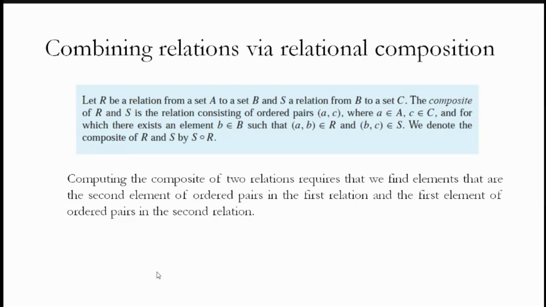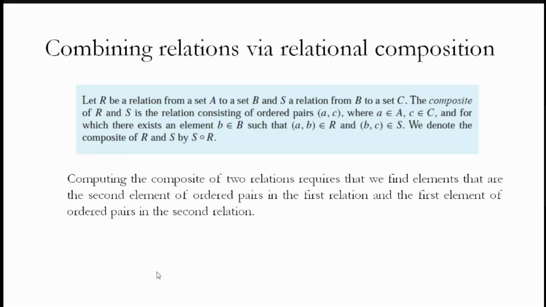For example, if I want to make the composition between the pairs (A, X) and (X, B), then you look at (A, X) and (X, B), and the composite relation will become (A, B).